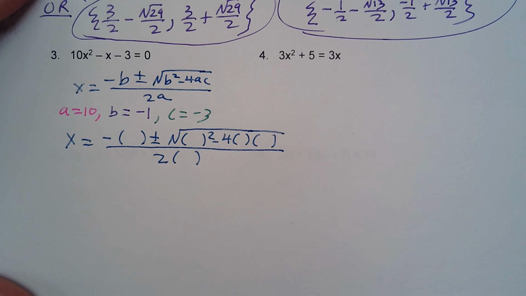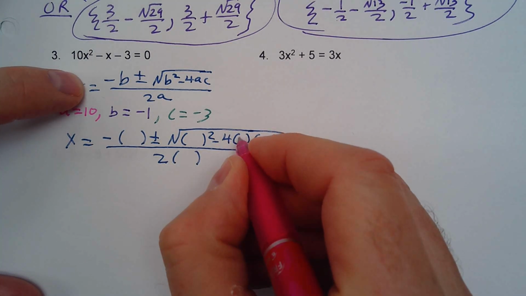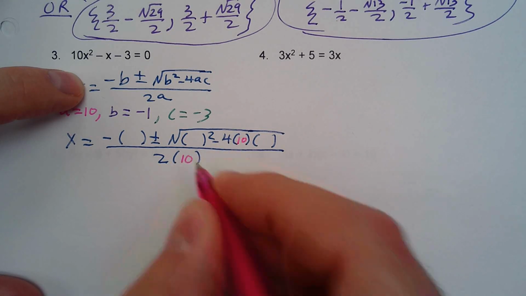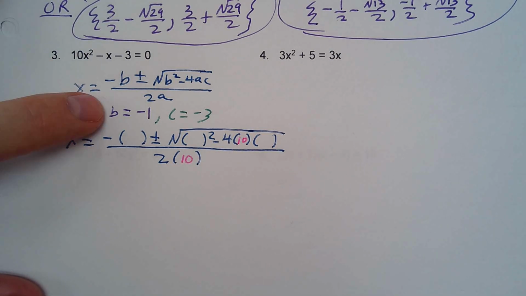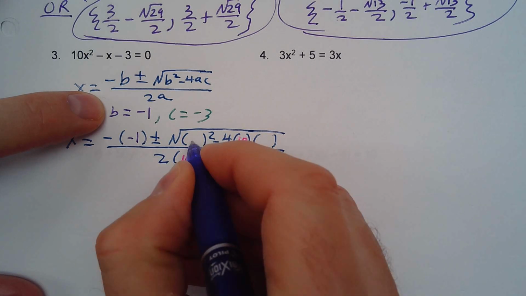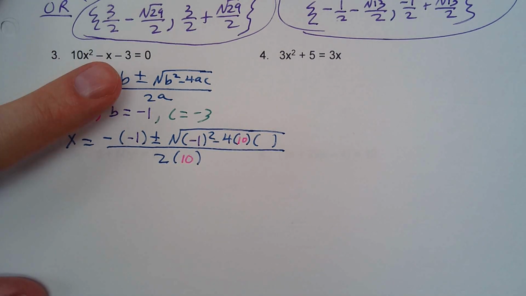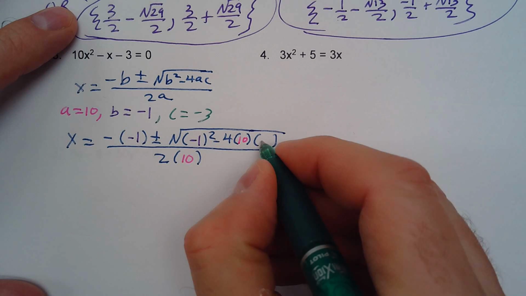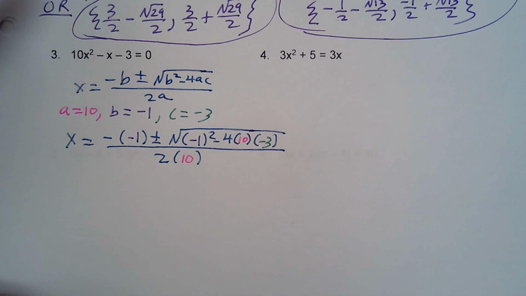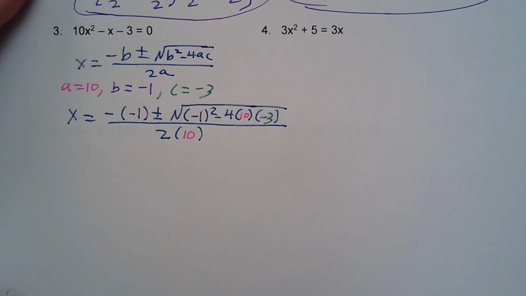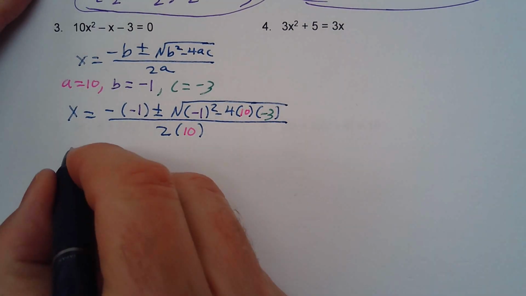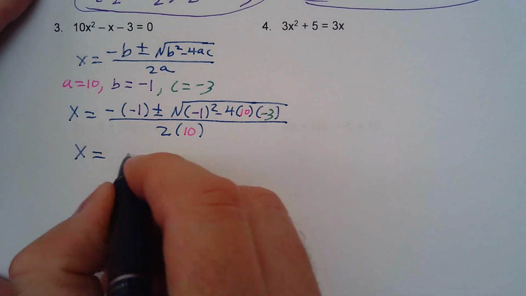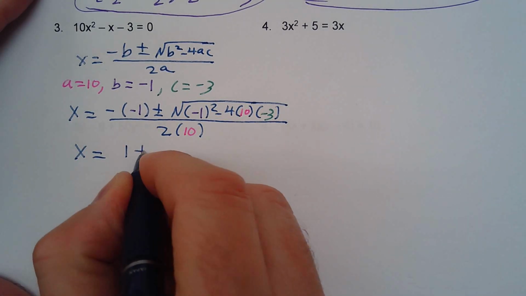So taking the 10, I'm going to plug it in where A is at. So here and here. B is negative 1. That goes here and here. And C is negative 3. And now we're going to work on simplifying. So double negative is positive. That's 1 plus or minus.